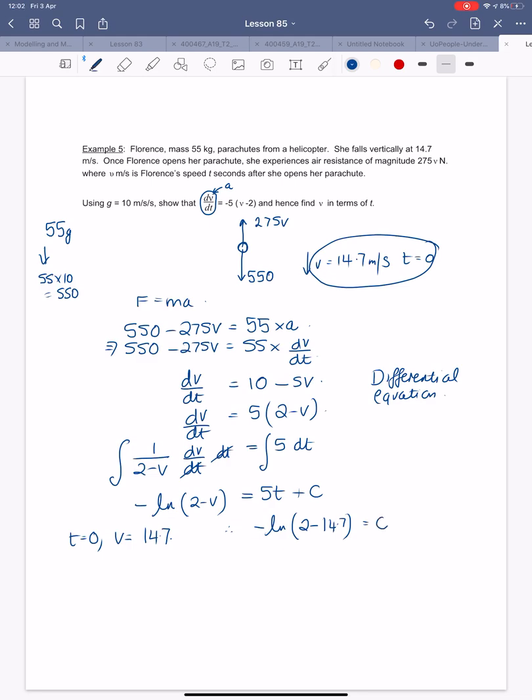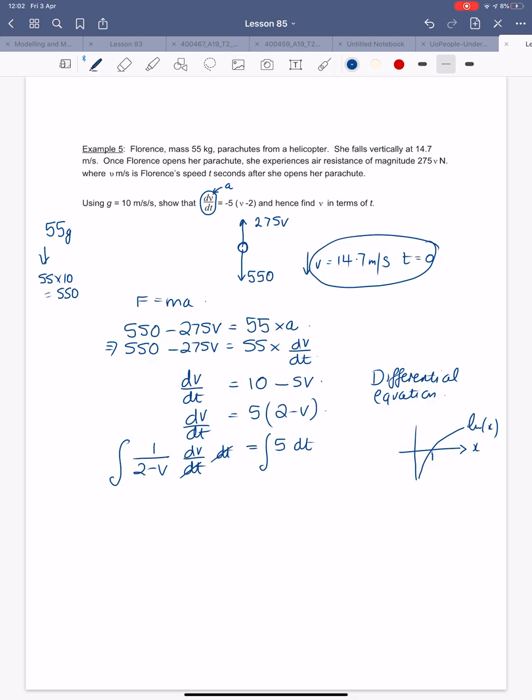So what I can do is go back a few steps here. You're allowed to do this in maths because I didn't do anything wrong as such. It's just when I substituted I could see I was going to get ln of a negative number. If you remember the log graph, that's at 1. You can't have x less than or equal to 0, you can't take logs of numbers less than or equal to 0.